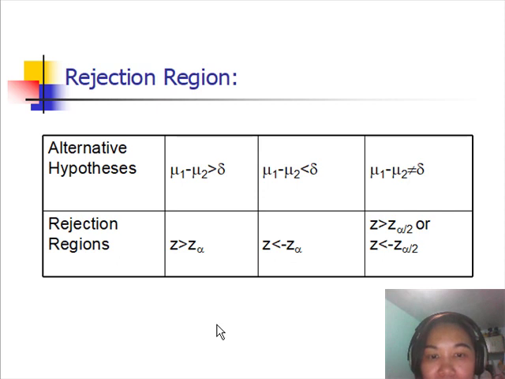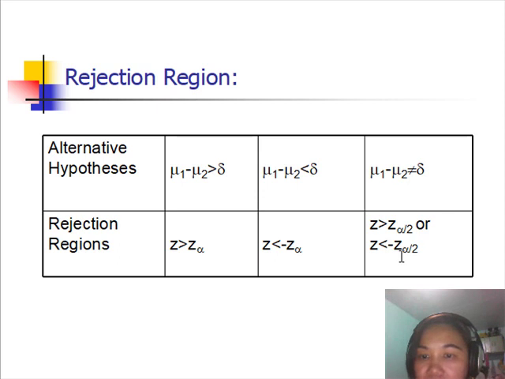We reject the null hypothesis when Z is greater than Z alpha, when the alternative is that the difference between the two population means is greater than delta. Then we reject the null hypothesis when Z is less than the negative Z alpha, when the difference between the two population means is less than delta, the value of your delta.